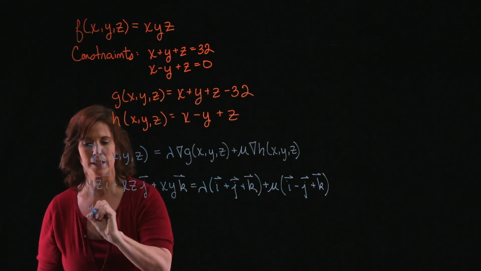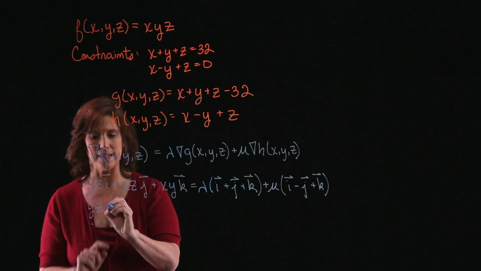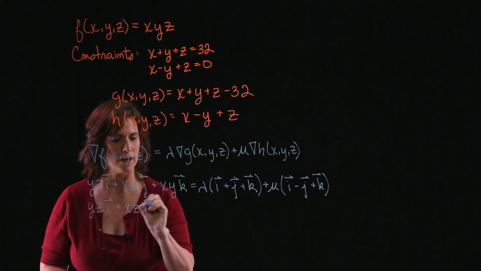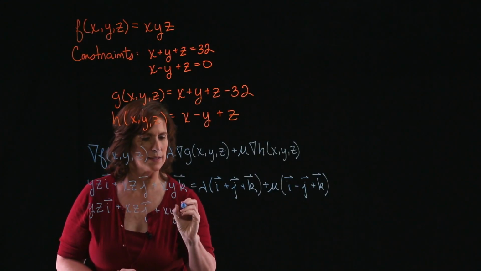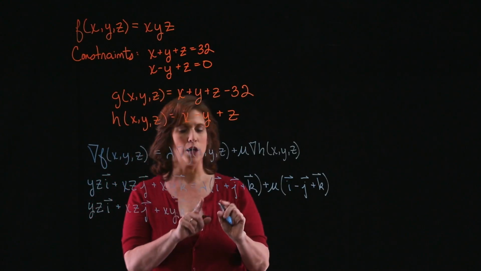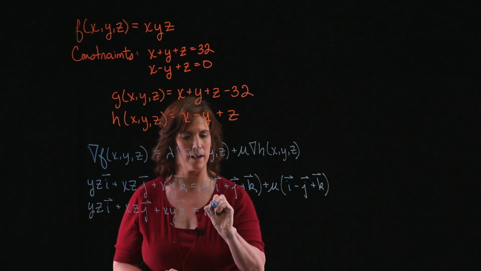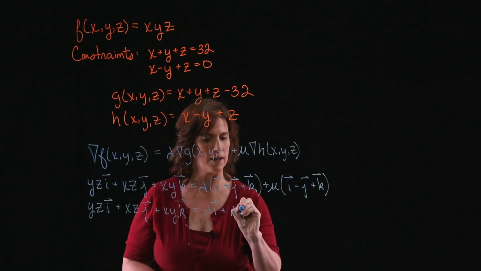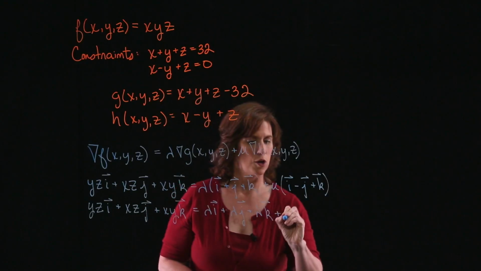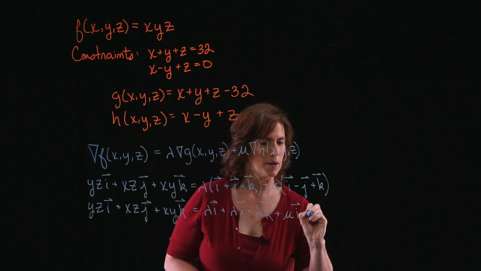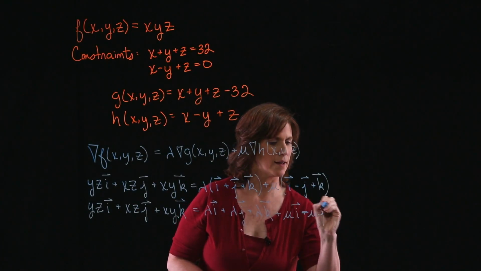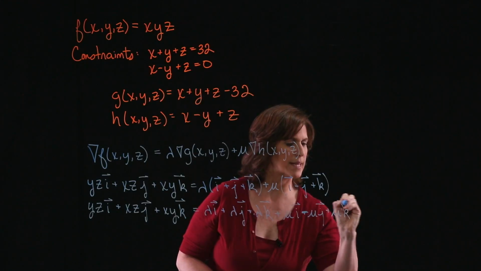All right, so with a little simplifying, I will have yz times vector i plus xz times my vector j plus xy times my vector k, and that's going to be equal to lambda i plus lambda j plus lambda k plus mu i minus mu j plus mu times k.